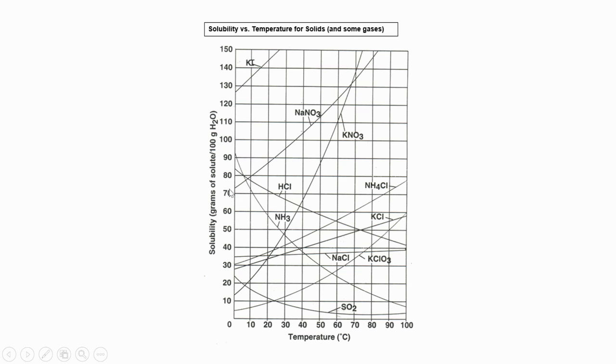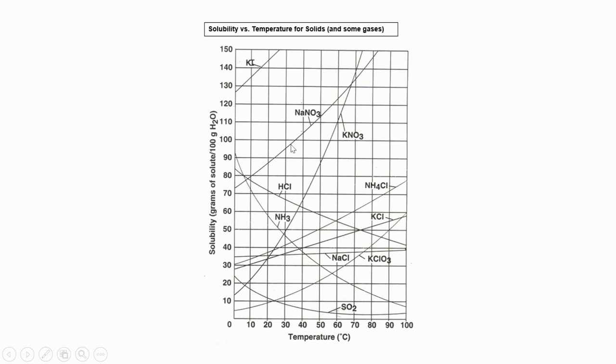The line for each chemical, NaNO3, KNO3, represents how many grams of that particular solute can be dissolved in 100 grams of water at various temperatures. So if I say, what is the solubility of NaNO3? How much NaNO3 can I dissolve?